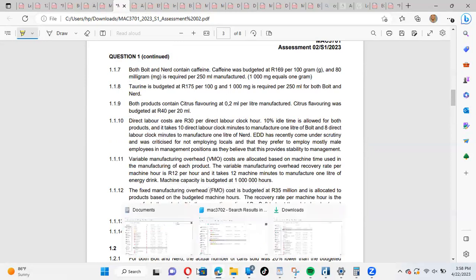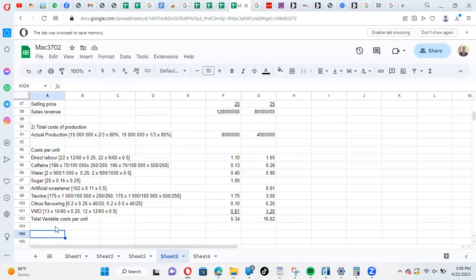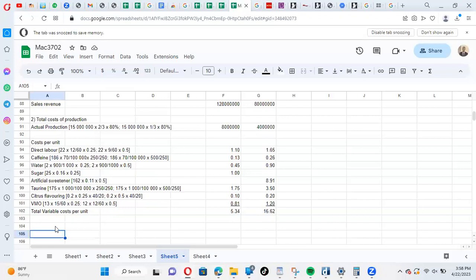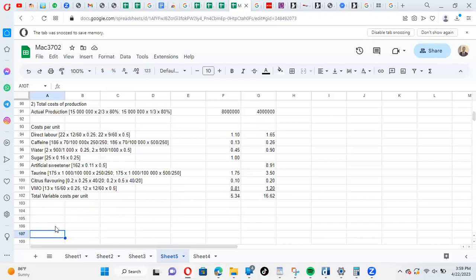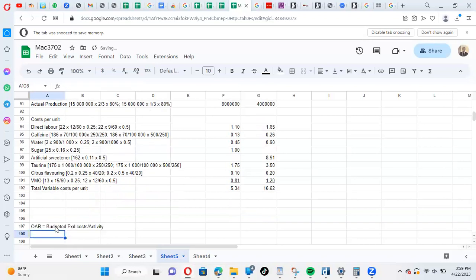All right, let's do this. Budgeted fixed costs. We basically need to calculate our OAR, overhead absorption rate. So it's budgeted fixed costs divided by activity.